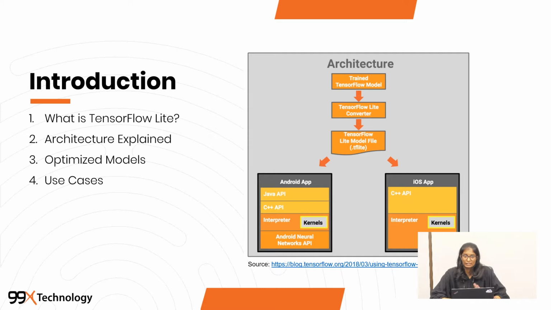So TensorFlow Lite is more focused on the optimization part, in terms of model optimization and hardware acceleration. The optimized model happens at the conversion stage, when we are converting the TensorFlow model to .tf Lite.